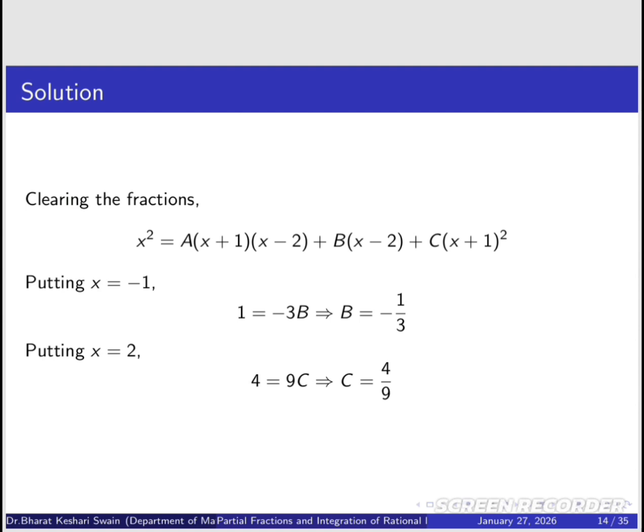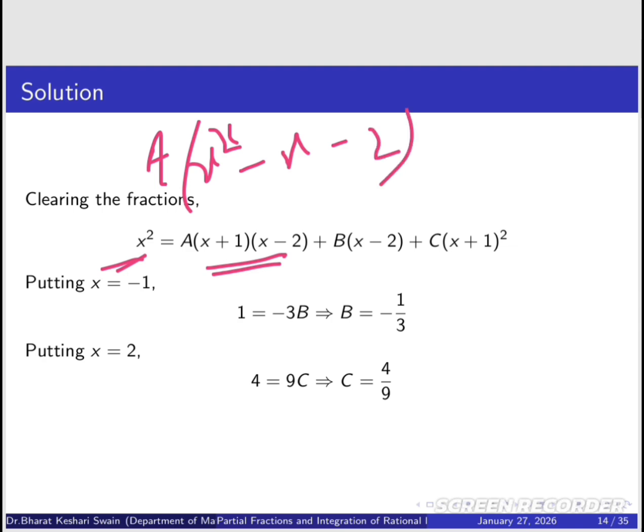So just compare the coefficients. The coefficient of x square in the left hand side is 1. In the right hand side, if I multiply these two factors, we get x square minus 2, and one is x into 1 and another is minus 2 into x, so minus x only.